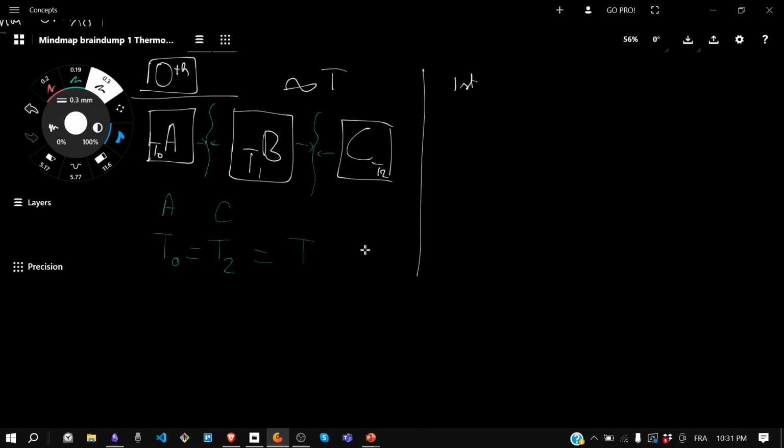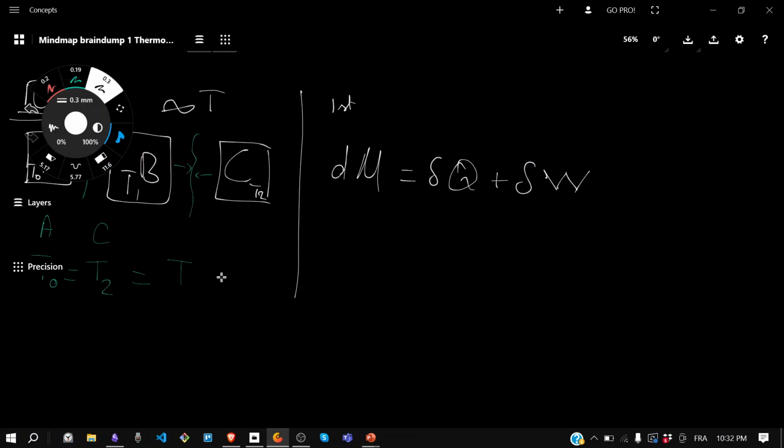The first, if I remember correctly, was that the change in internal energy is equal to the sum of the change in heat plus the change in work. This is our first law.